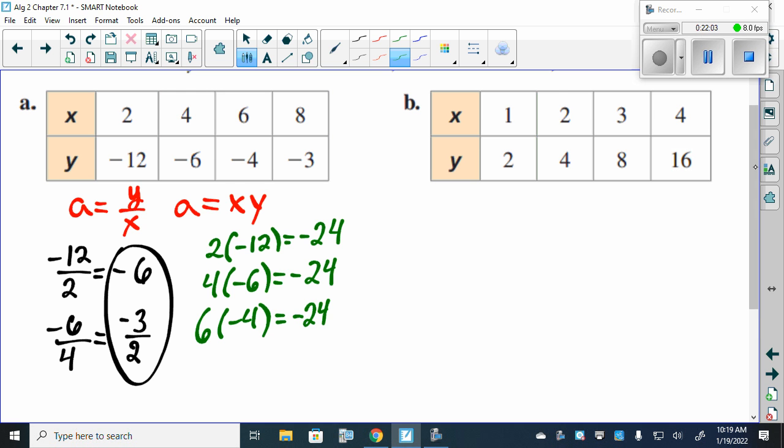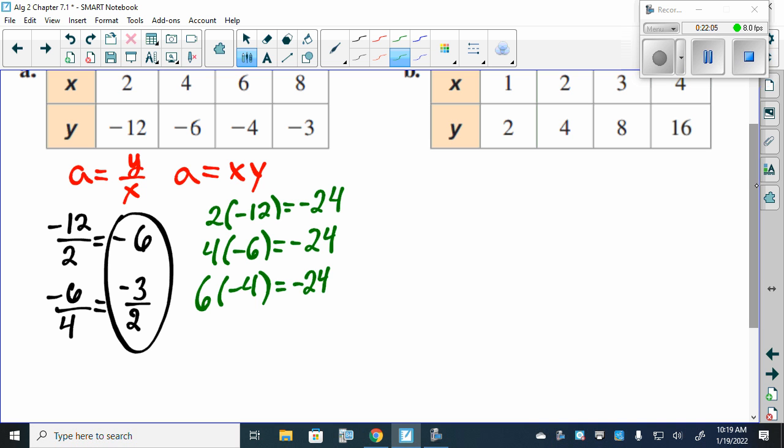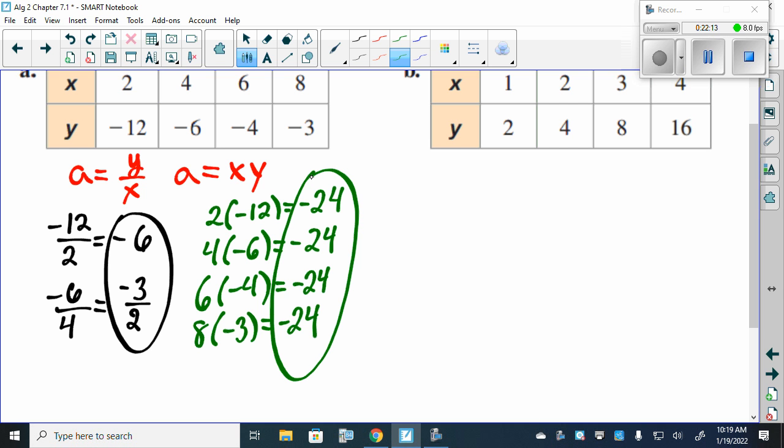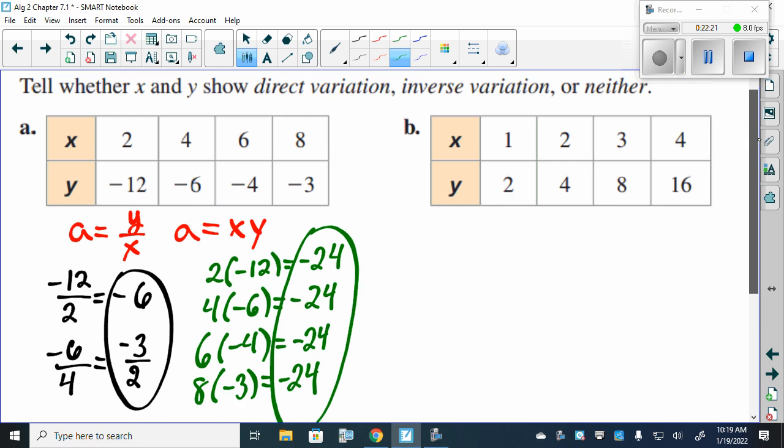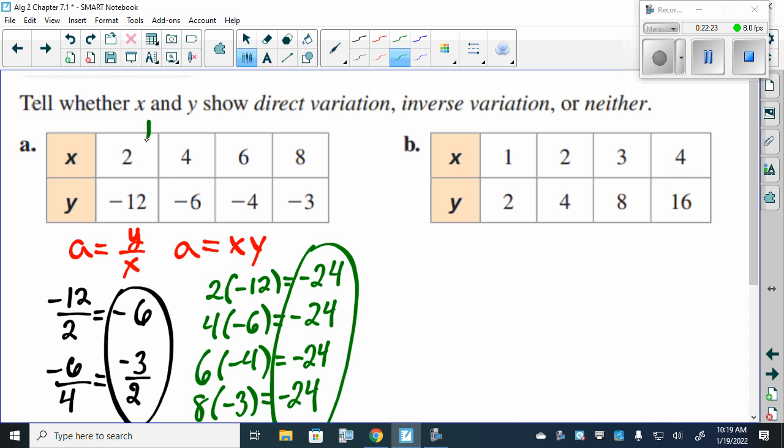Negative 24, because that kind of flipped from the one before it. And 8 times negative 3. We got the exact same value across all 3. So this would be a direct variation. Or not direct, inverse. Sorry. It would be an inverse, because y equals a divided by x is our inverse form.